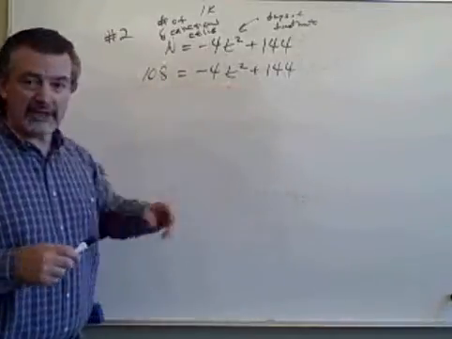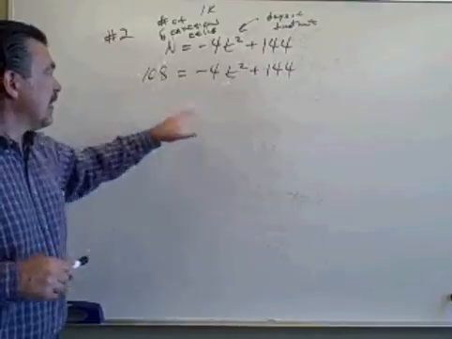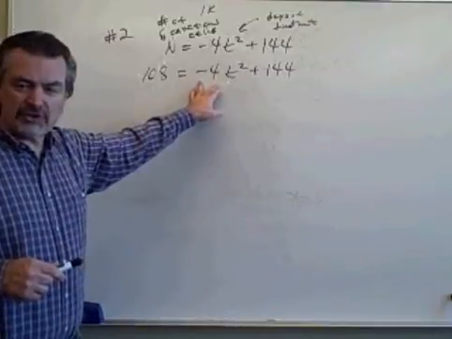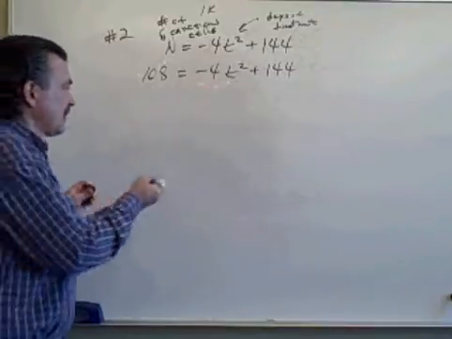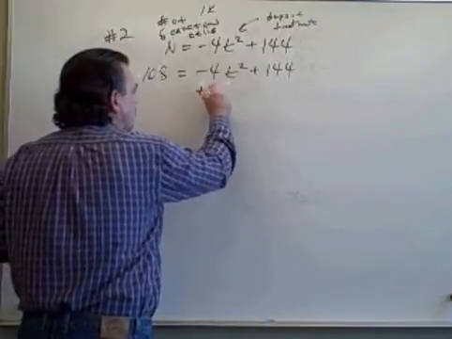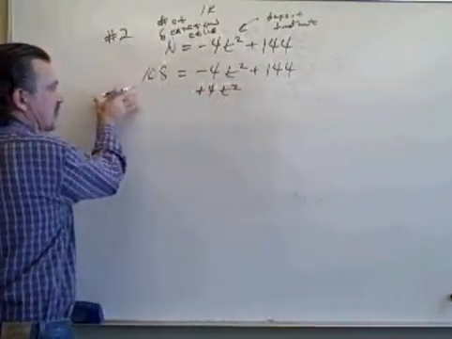So I have this quadratic equation I need to solve. Oh, I don't like that coefficient of my squared term to be negative. So I'm going to add 4t squared to move it over to this side.